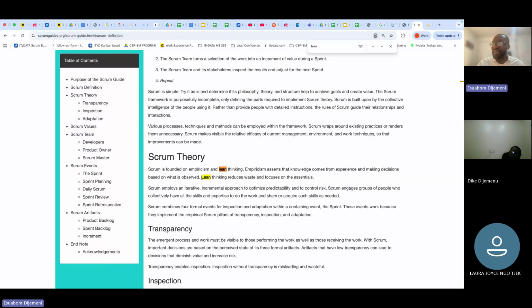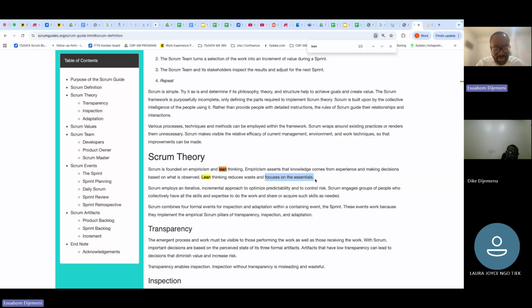When we apply lean thinking, another value system, this value system is about wanting to reduce waste and focus on what is essential. We're not trying to do any fancy thing here. What is the value? Let's eliminate all waste that contributes to that value delivery system. Agility is more about responding to change, being adaptive. Scrum borrows lean thinking because while you are being adaptive and solving complex problems, you don't want to be creating a lot of waste.